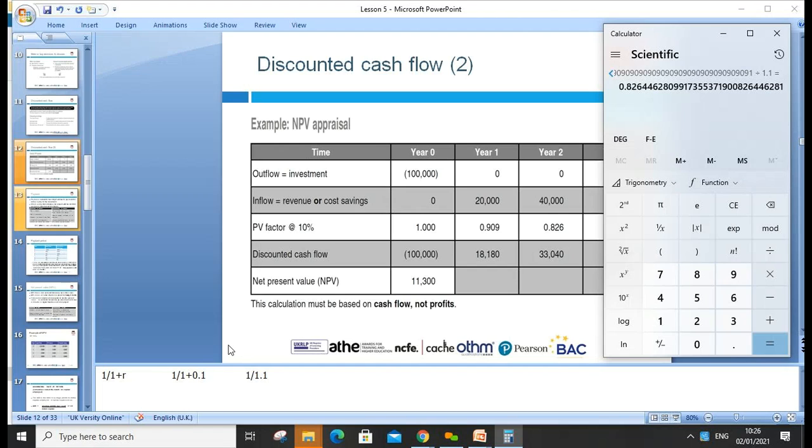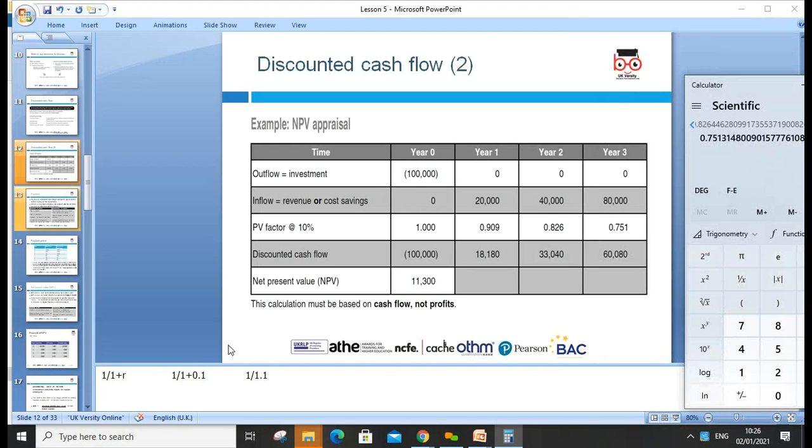So after year 2, the £1 will be only 82 pence. Year 3, carry on dividing by 1.1, so year 3 will be 75 pence. Now this is our discount factor.